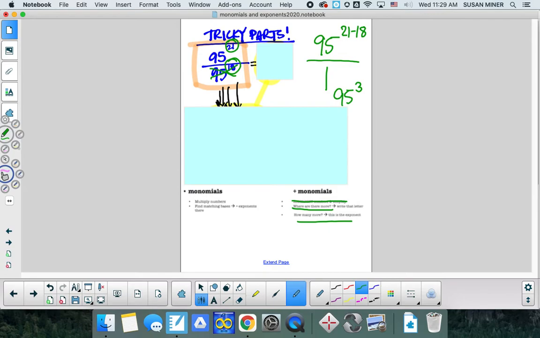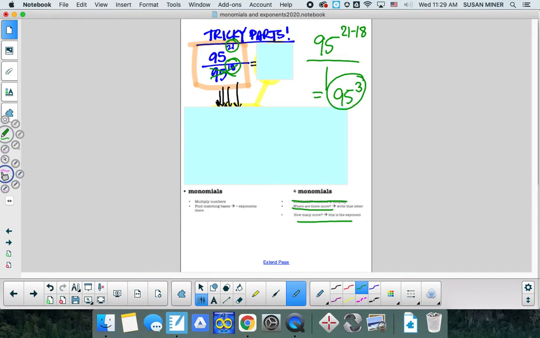Now, the last thing that I want to do is calculate this out. What is this as a number? Once I've simplified it, now I can go ahead and put it in my calculator and do 95 raised to the third power.